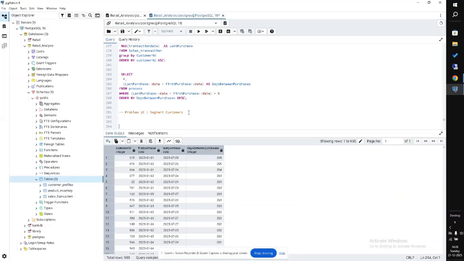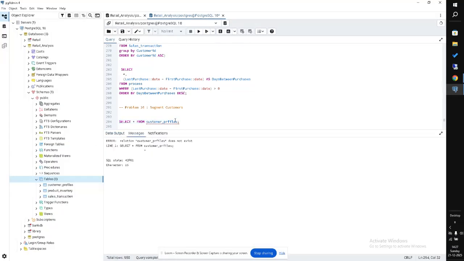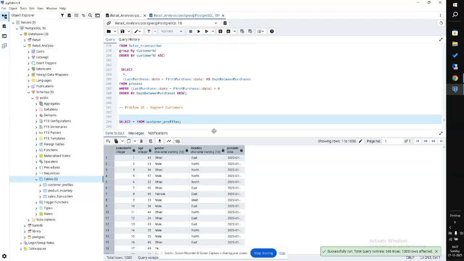So select star from customer profiles. Okay, these are the customer profiles that are given to us.